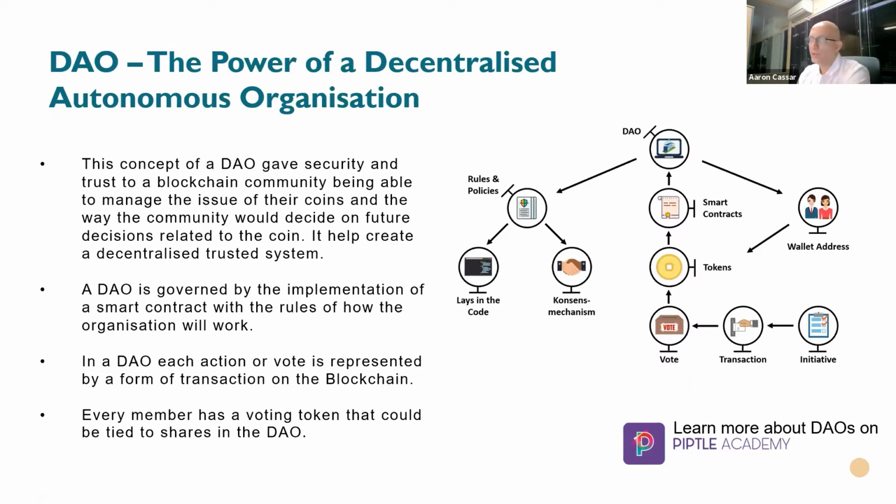So a version of the DAO in the real world, being the cooperative, can offer very similar features to what a DAO can do, in the sense that it can be extremely transparent, it can be audited. A cooperative offers people equal voting power, and no one person can own and control a cooperative.